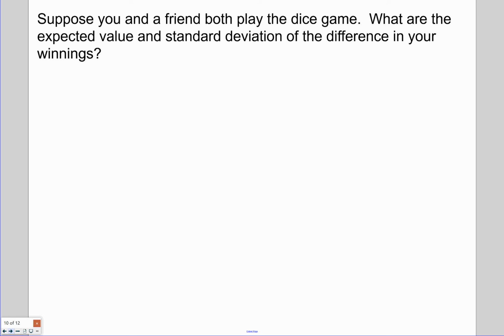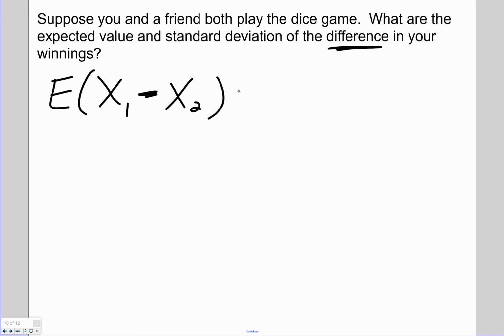So, you and your best friend play the game. But instead of adding your point totals together, it wants us to do what? Find the difference, which is another word for subtraction. So now the expected value is not going to be adding them together, but subtracting them.